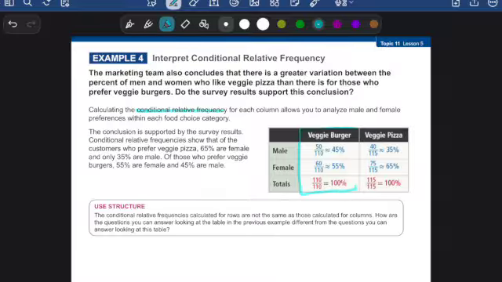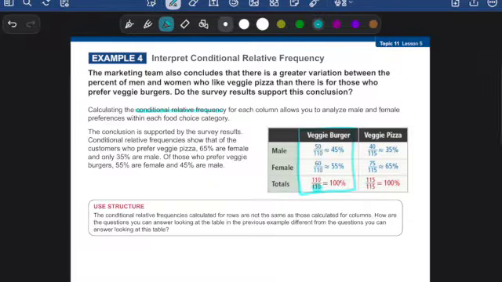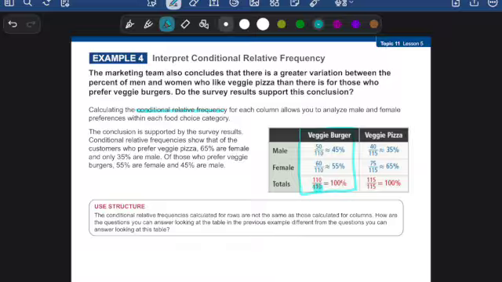Just those who wanted veggie burgers, our total is 110 people surveyed. 50 of them were males and 60 were females. So our percentages are 45% and 55%, a difference of about 10%. For those surveyed who preferred the veggie pizza, we had a total of 115 people, 40 of whom were male and 75 were female.